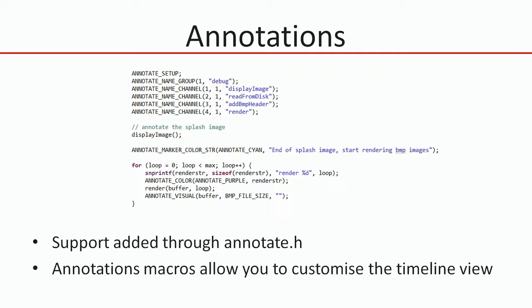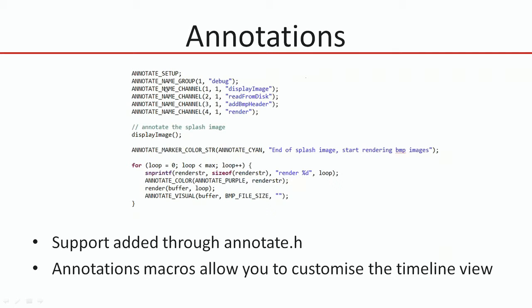So this then talks to the CoreSight debug architecture and allows us to collect additional information and place that into the performance analyzer so that we can again get more information about how our code's working.